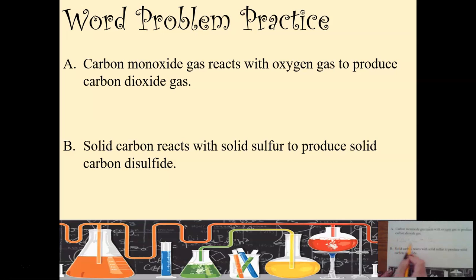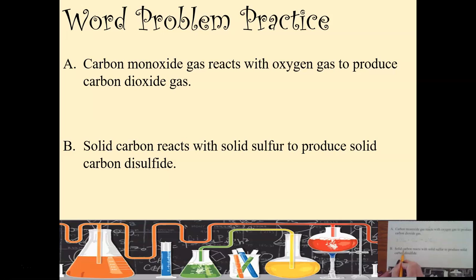Now I have 4 oxygens in my reactant and 2 carbons. So I'll put a 2 there, and look what happened. I balanced. 2 carbon, 2 carbon. 4 oxygens, 2 plus 2, 4 oxygens. So I'm balanced now.